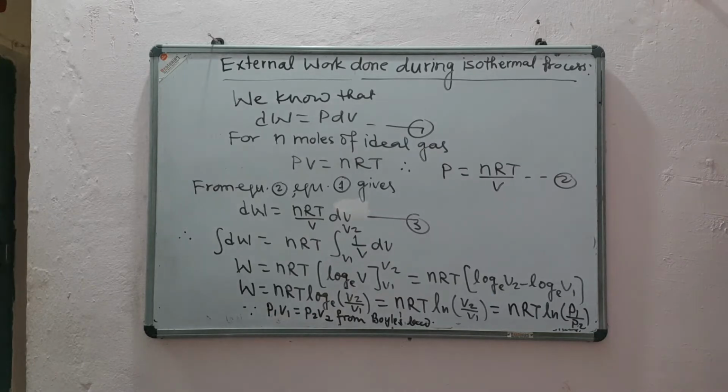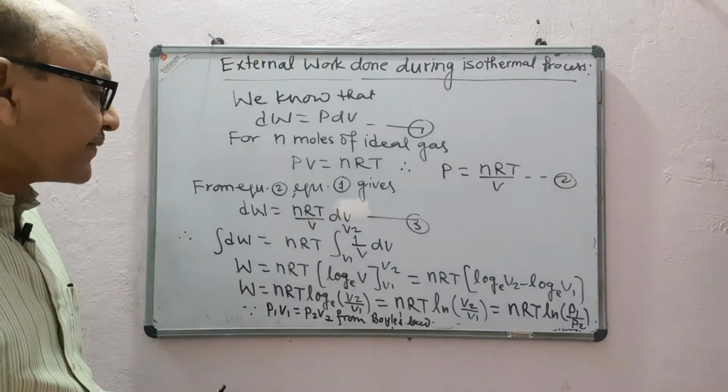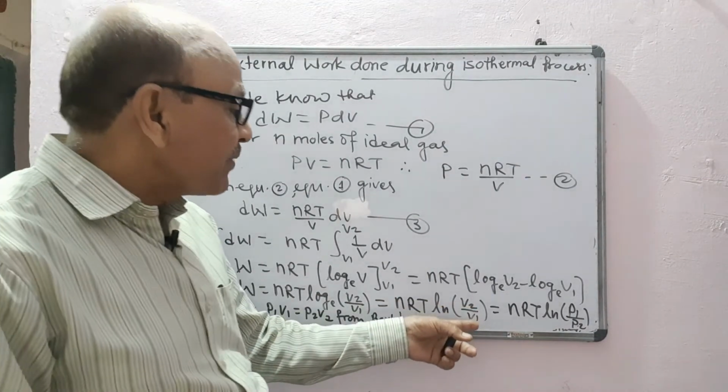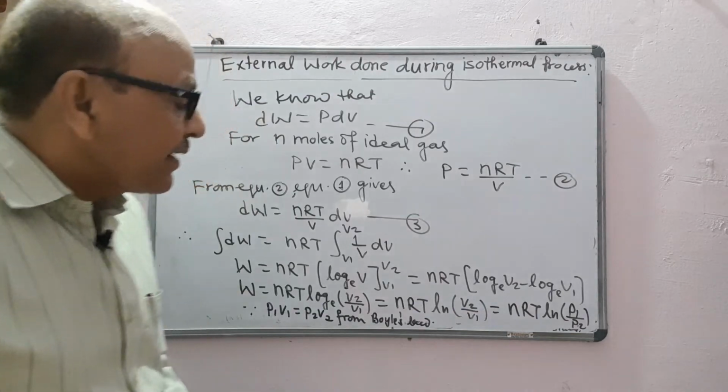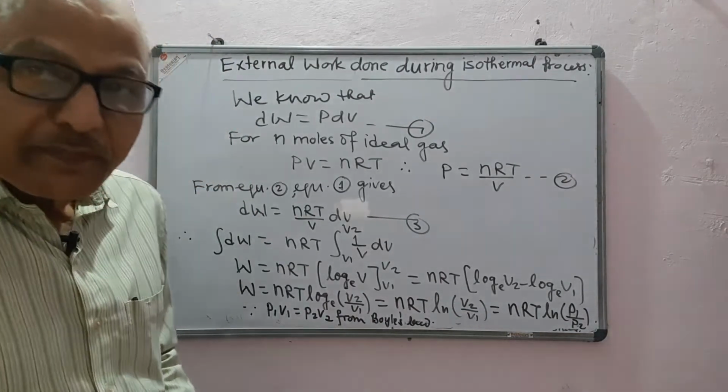Thus, in this case, we find the expression for work done as W is equal to nRT ln V2 upon V1, equal to nRT ln P1 upon P2.